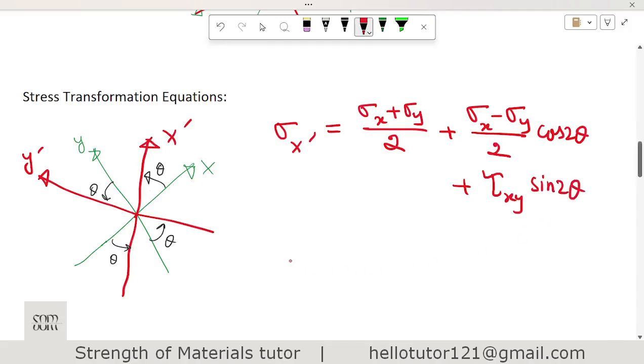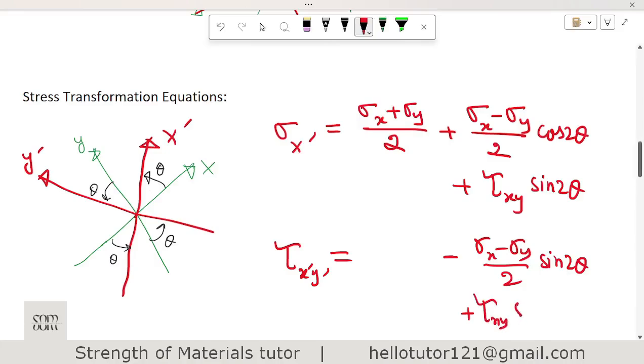In the new coordinate system, the shear stress is like this. The first term is nothing. Then we have negative (sigma x minus sigma y) by 2 sine of 2 theta plus tau xy cosine of 2 theta.